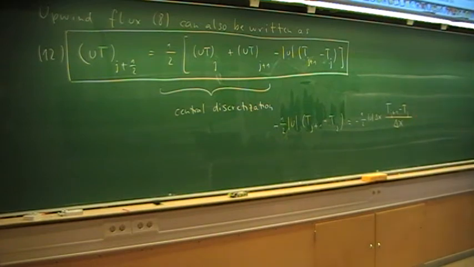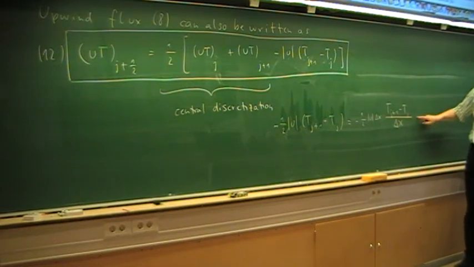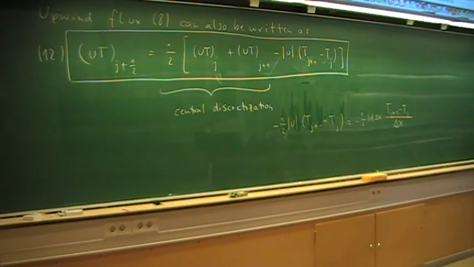I have not changed anything. But now we see something that is familiar to us. Because this here is the discretization of the derivative dT/dx at the face j plus 1/2 that we have seen for the heat equation. It's exactly the same thing.